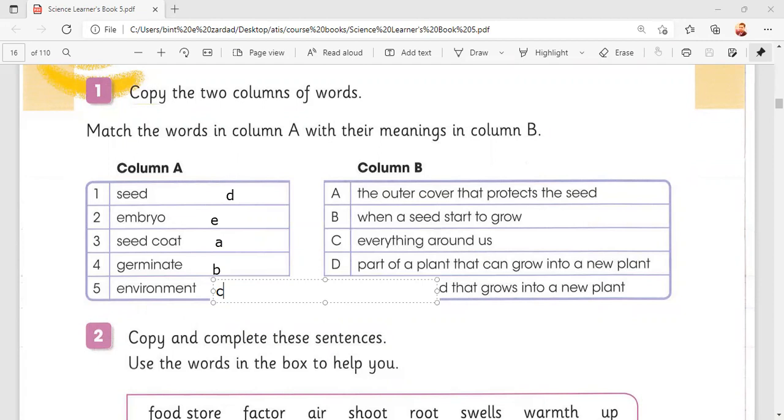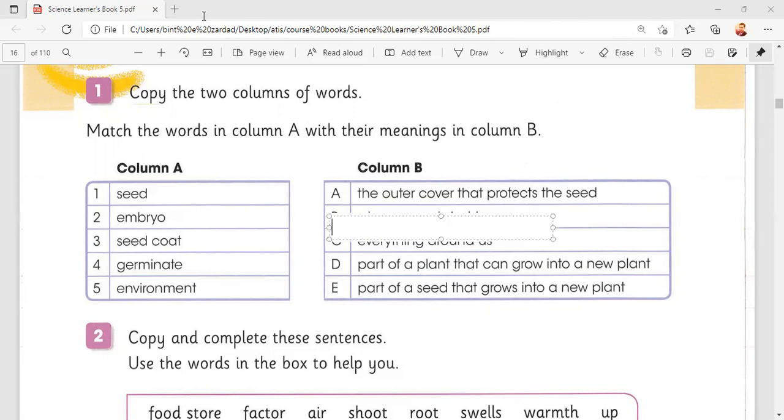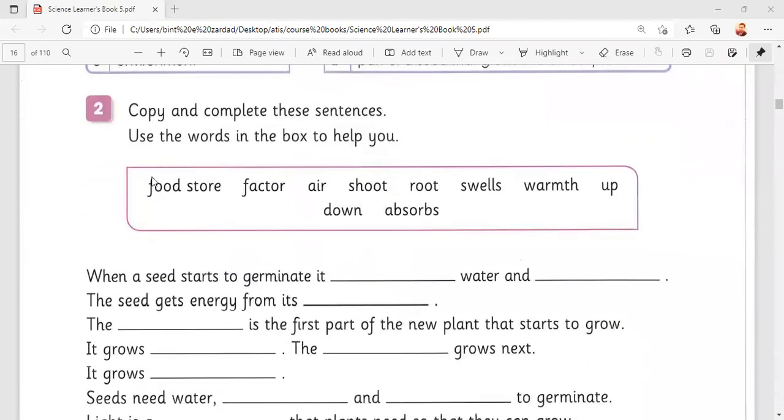Done, boys, until here. After this, question number 2. Copy and complete this sentence and use the words in the box to help you.